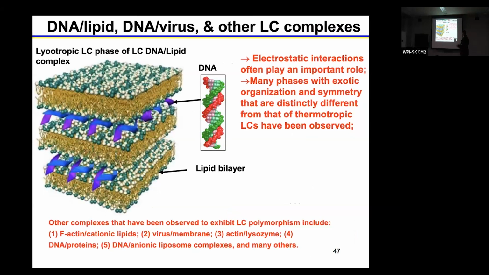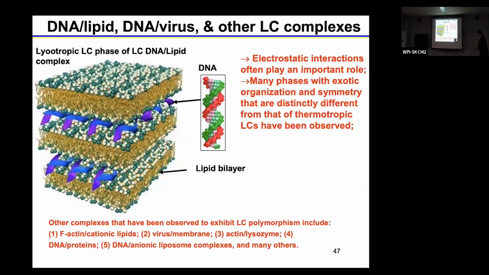Many other phases can form as well when we have different types of biological molecules. So for example, you could have DNA and you could have lipid molecules, and then you form these kind of sandwich-like configurations, or cake, depending which terminology you prefer.